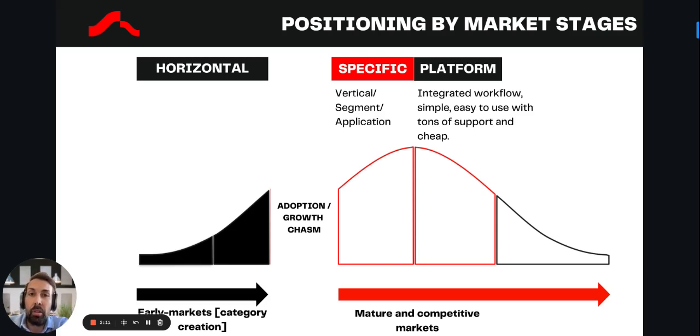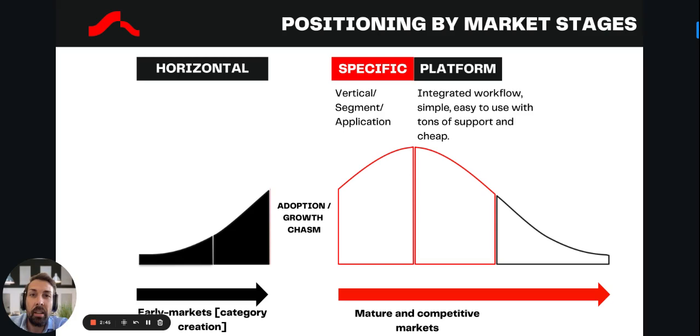The point is that at the very beginning, if you're in an early market with technology, you can go with a horizontal positioning, talking about your product and your technology without talking too much about vertical specifications, like which industry you are better positioned to help, or which specific problem for a specific vertical, segment or industry. You don't need that when you are creating a new category or when you are in an early market, and neither about application. It is recommended, but it's always led by how innovators and early adopters think.